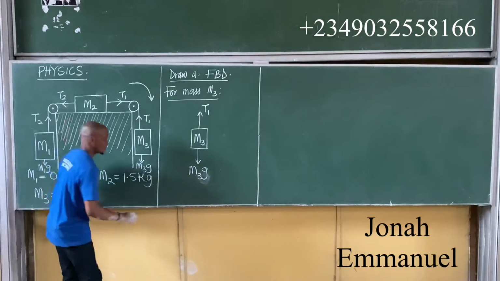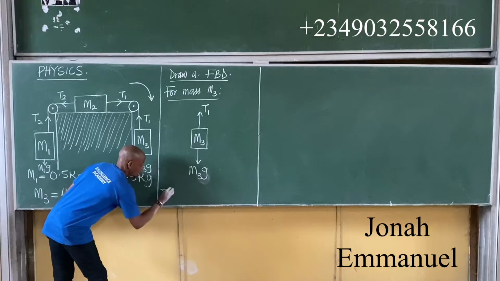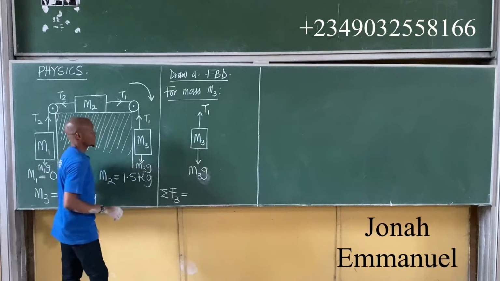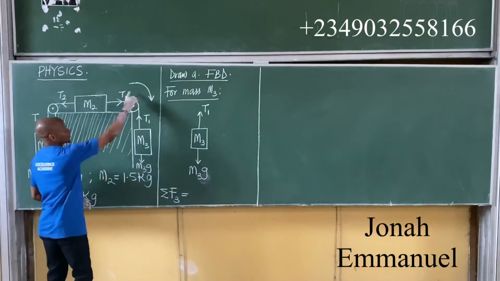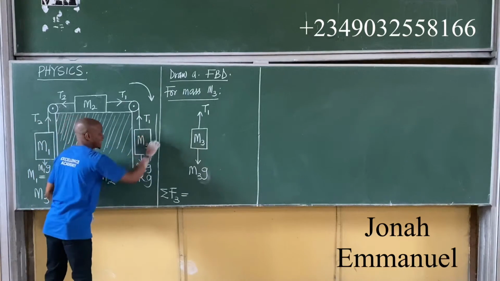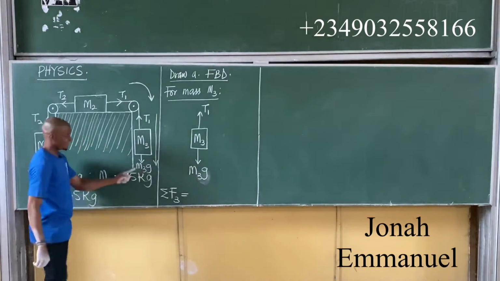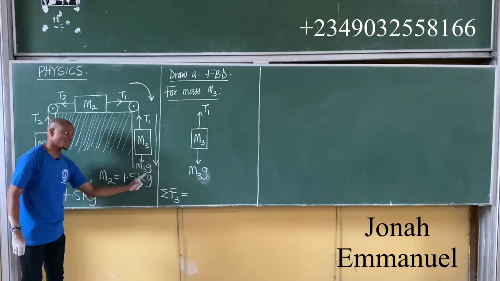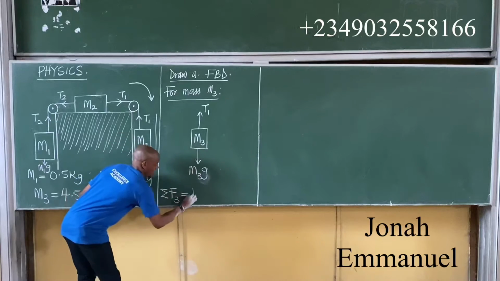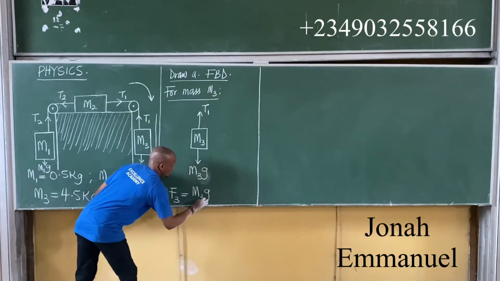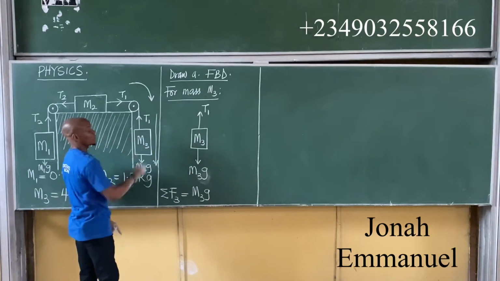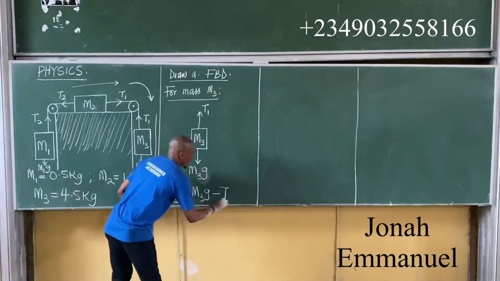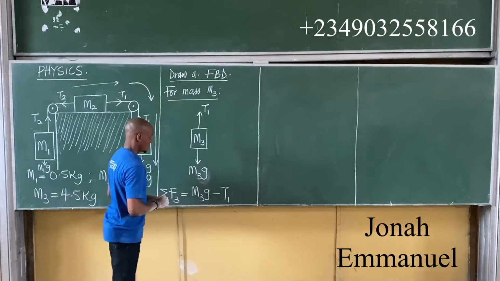Alright, get the sum of forces. The sum of forces on mass 3 is equal to, don't forget, direction is this way, so it's coming down like this. Observe these two are moving in the same direction, so this one becomes positive, M3G. This one is in the opposite direction, so it becomes negative, minus T1.